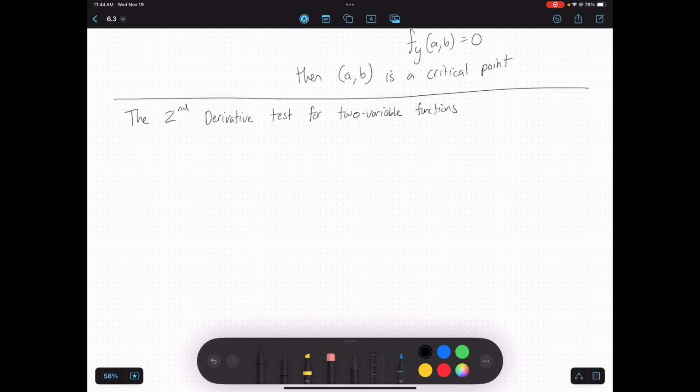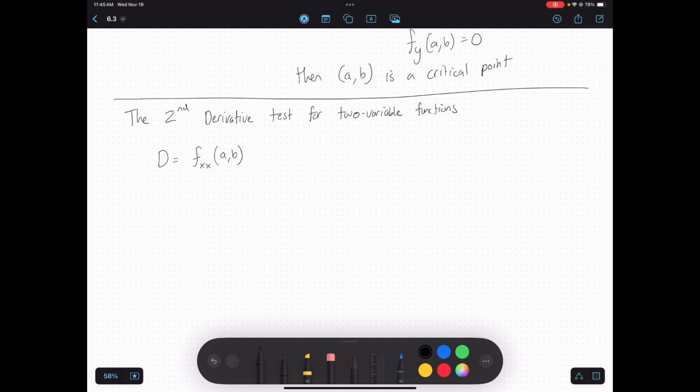Well, if it's the second derivative test, I'm going to have to find second derivatives. And so the way this works is we have a certain equation that we can solve for. We label it D for determinant. It's going to determine whether it's a minimum or a maximum. And the way this determinant works is you find your double derivative in terms of x, and you plug in the critical point.